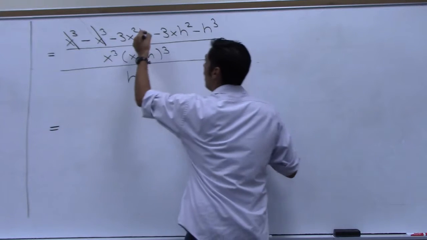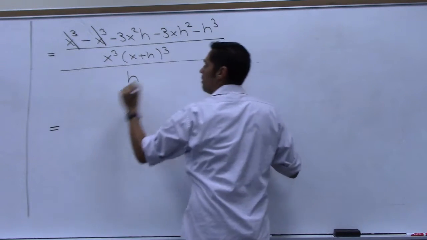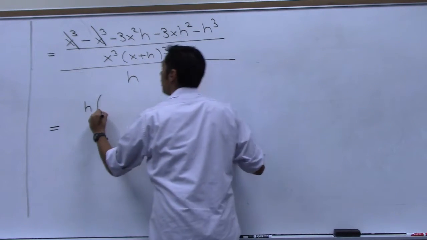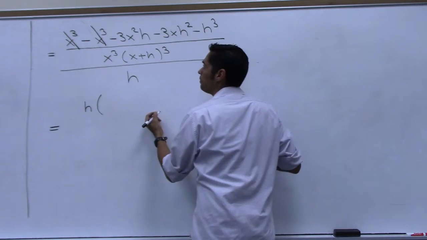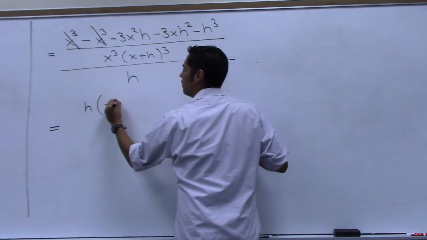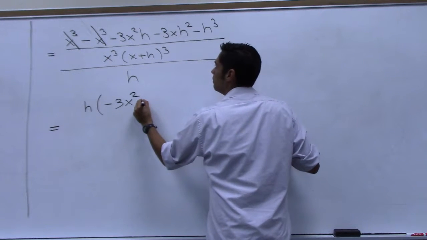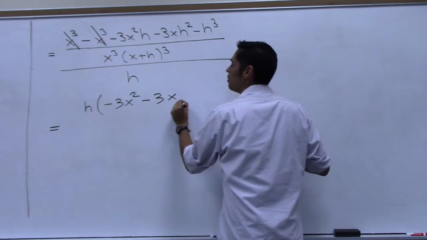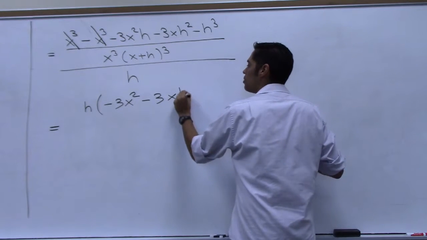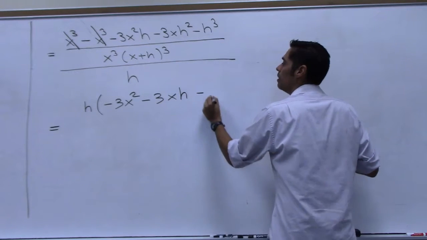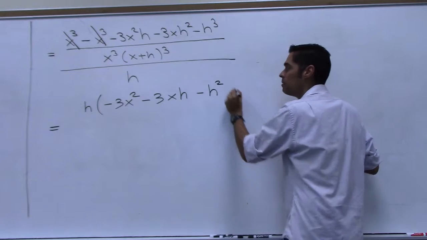Okay, so I'm going to take an h out of each of these. If I do that, I have an h that I'm pulling out. What do I still have here? Negative 3x squared minus 3xh minus h squared, right?